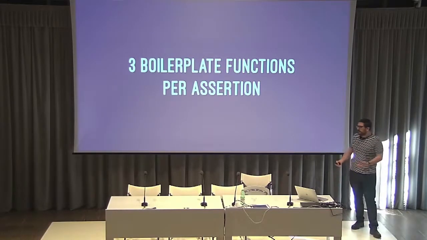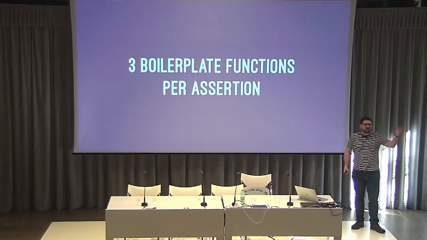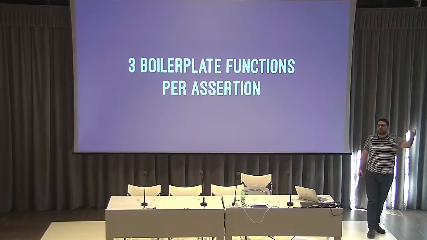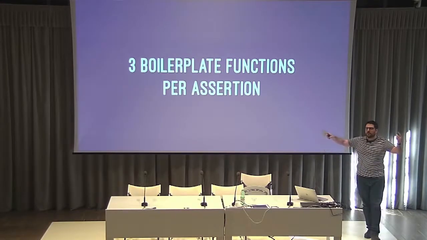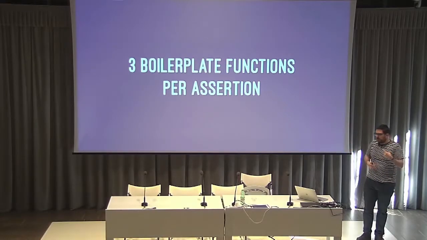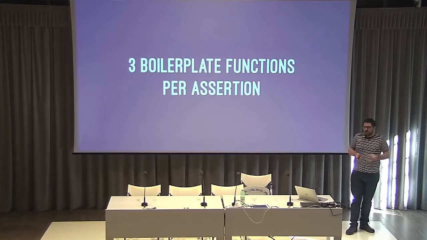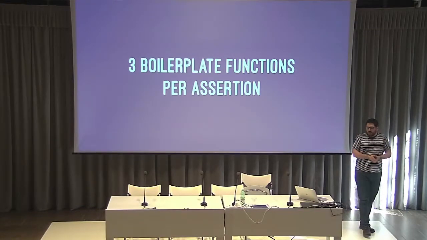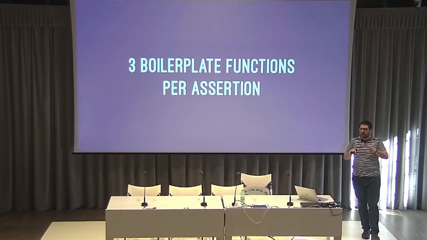And somebody will contribute, open a pull request, and add a new assertion, and maybe they'll add one of those boilerplate methods, but because they don't know about the require package, they wouldn't add those there. So we had to stay on top of what people were contributing and make sure that all these boilerplate methods were properly coded, and all the packages were consistent.